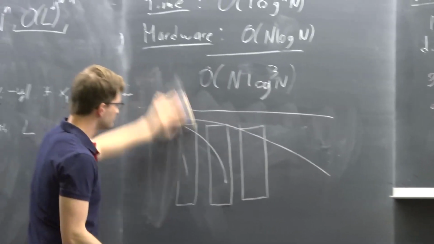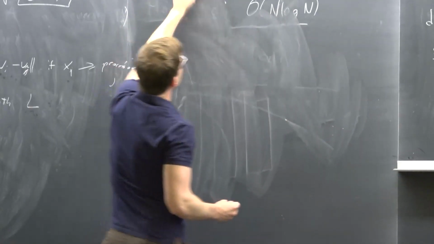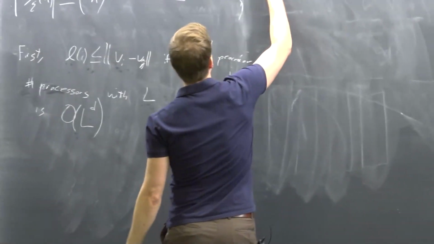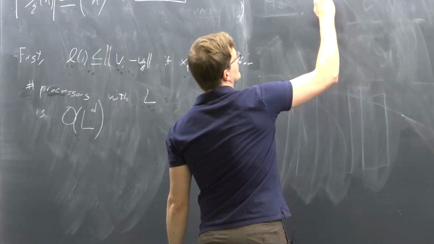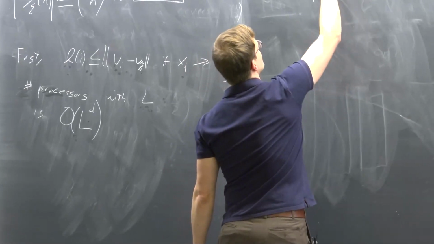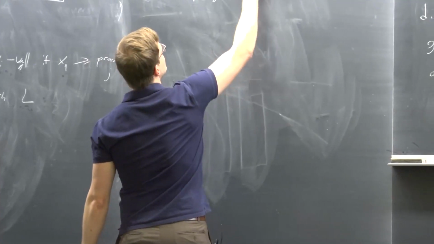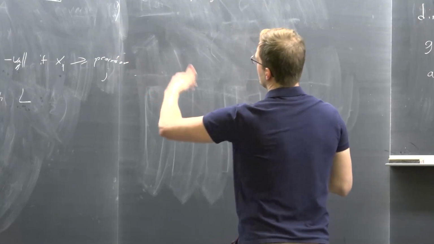And so clearly this is the sum from n equals 0 to, I'll call it n max, of this, and I'm going to claim that this is increasing in n.